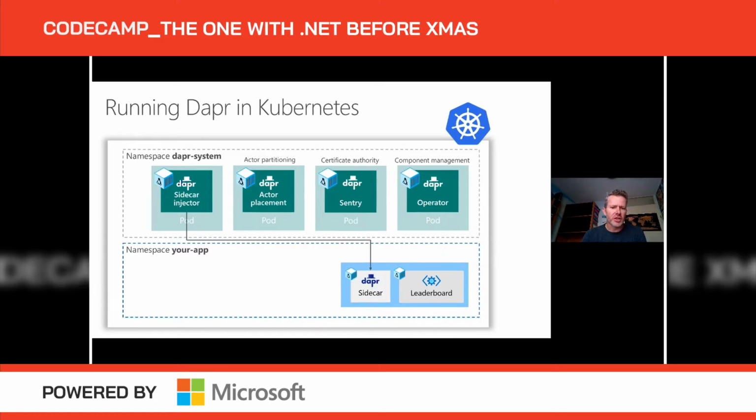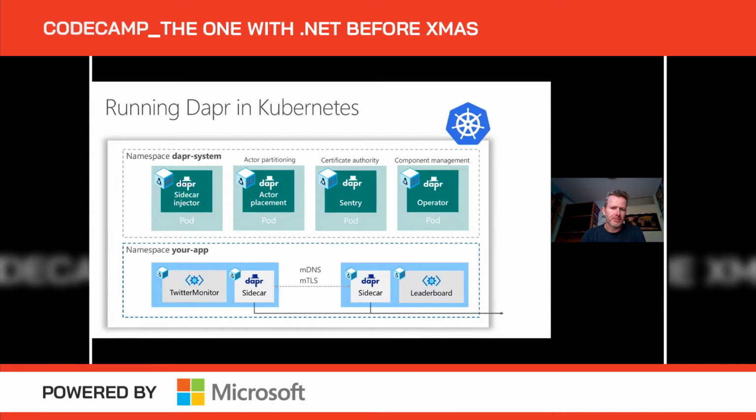It will use the sidecar injector, because when your application is deployed and it's started, it will notice that it is Dapr enabled, and it will inject the sidecars into your pod, so they are closely together and can start communicating. And for each of the other application parts that are there as well, more sidecars will be injected across. And because the sidecars know about each other, they can do secure communication through mDNS and mTLS.